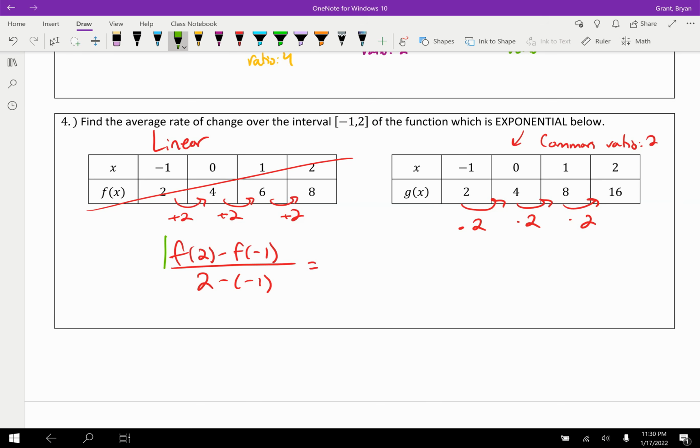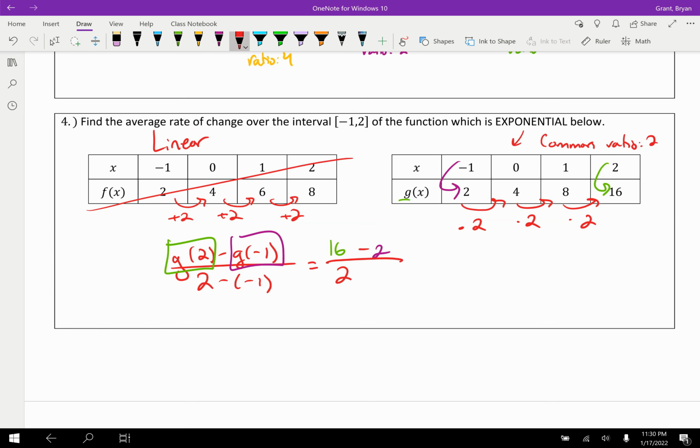F of 2 can be found in our table. Oops, I said F, didn't I? This is called G, drat. It's not that important this year, but I try to be correct in my notation. We don't want someone to think, oh, they don't know the difference between F and G. All right, so G of 2 is 16 from the table, and then G of negative 1 looks like it's 2.